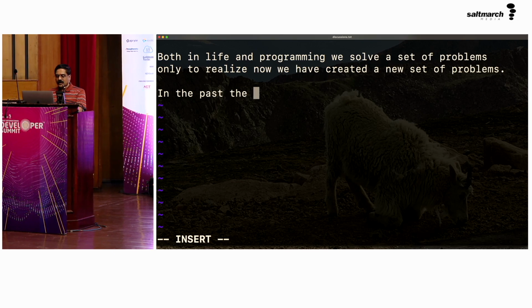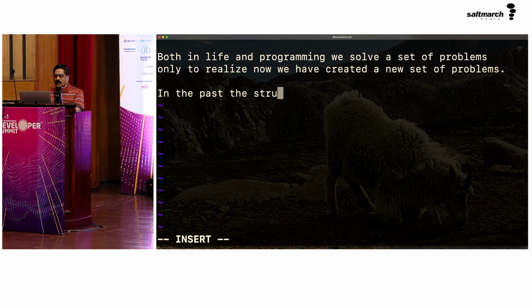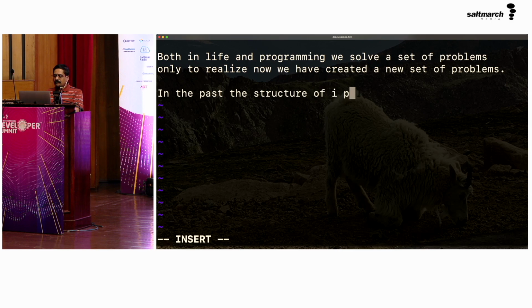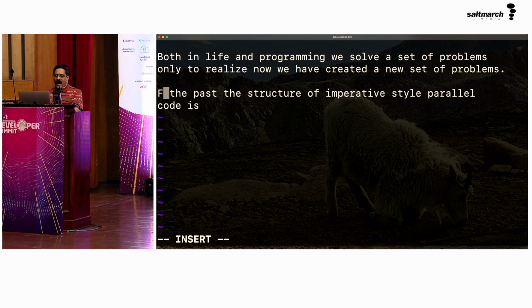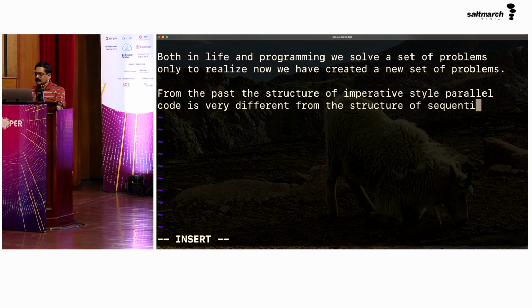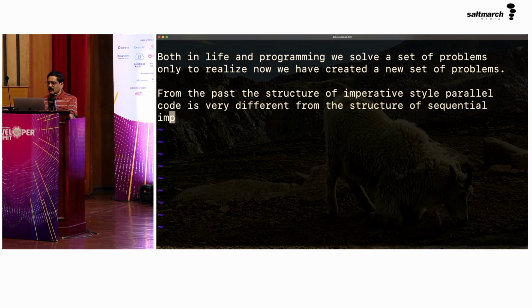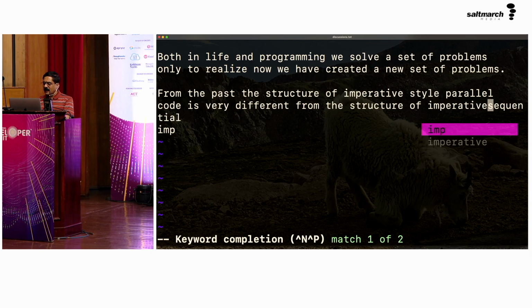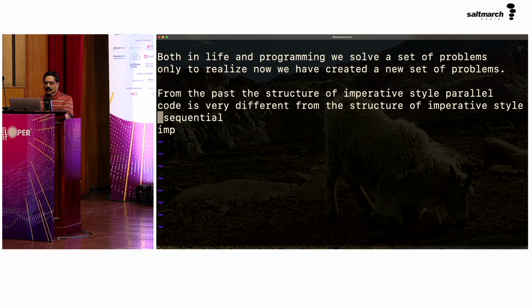In the past, the structure of imperative style parallel code, or you can even say from the past, not just in the past, is very different from the structure of imperative style sequential code.